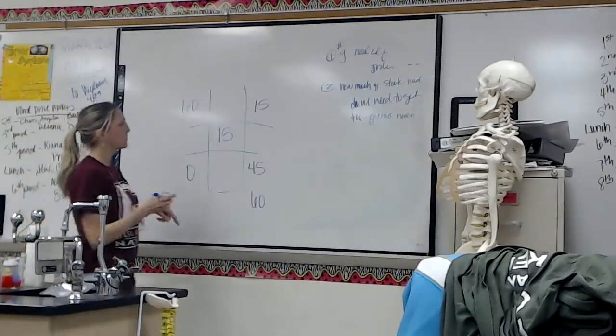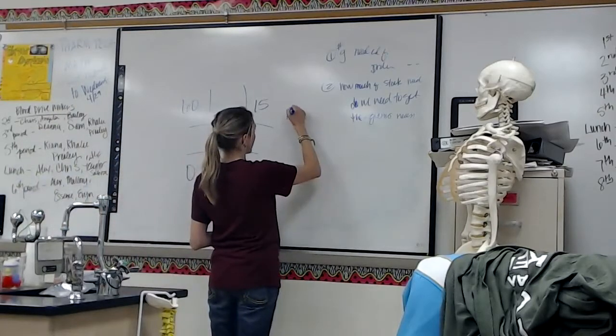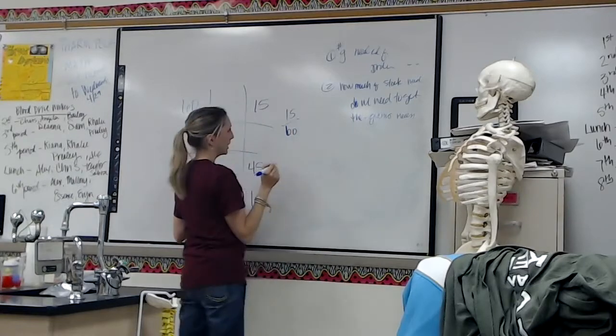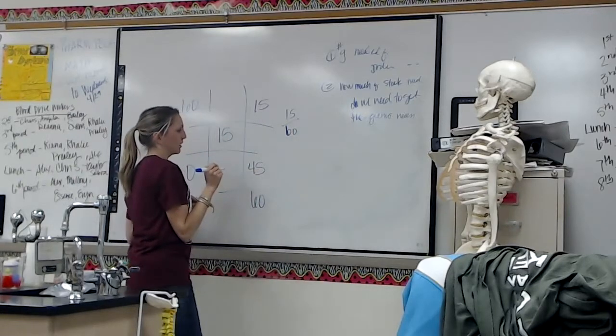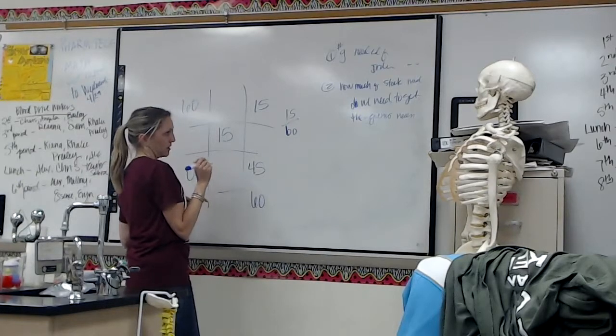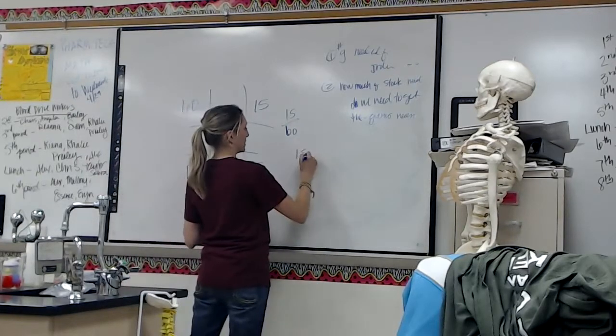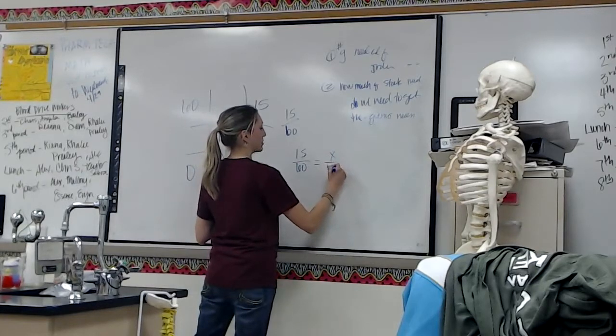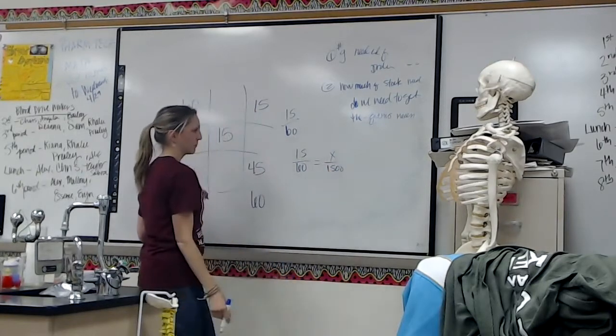So 15 parts out of 60 is how you get there. So 15 over 60 equals X over 1,500 milliliters.